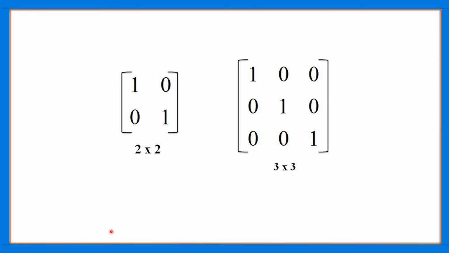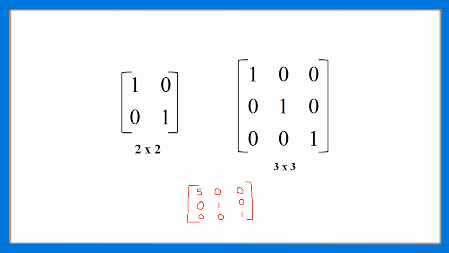Okay. Can you check whether the matrix 5 0 0, 0 1 0, 0 0 1 is an identity matrix or not?